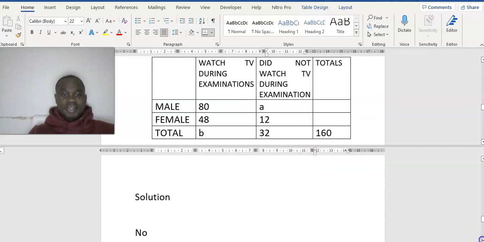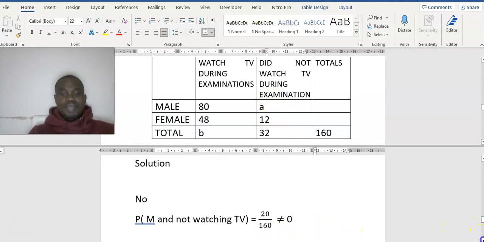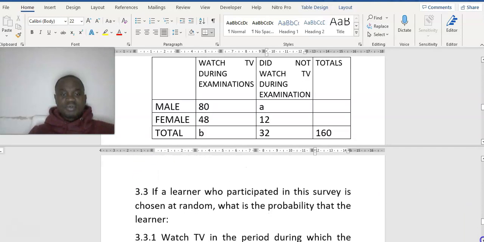So to answer this question, we say no. Why? Because probability of being male and not watching TV is A, which is 20 over 160, and it's not equal to 0. So we are saying it's not mutually exclusive.